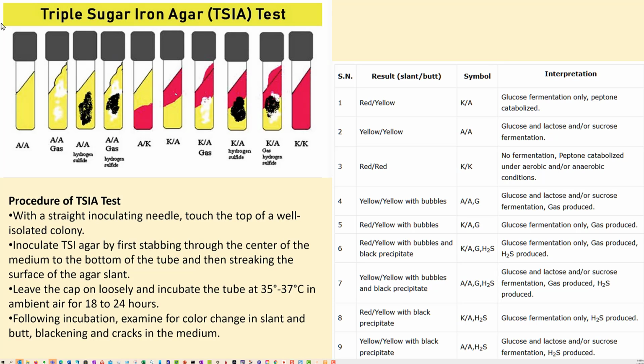So the top of the tube is red and the bottom is acid, A, and with gas, if it chunks in, you see that it's a K, red at the top, A, acid at the bottom, KA, and then we see the hydrogen sulfide. If it's chunking or having gas, you'll see KA with gas, and then there's KK where it's red at the top and bottom.